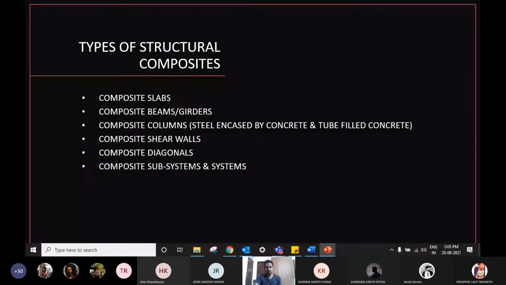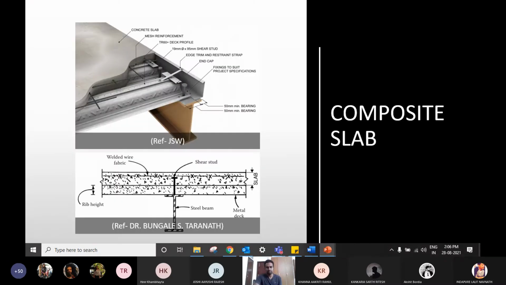Instead of walls just having reinforcement bars, you can have steel plates inside, and that's what we call composite shear walls. Composite diagonals and composite subsystems and systems, like your outrigger, which is kind of a system, your belt truss is a kind of system, where you can have your structural steel encased or filled with concrete.